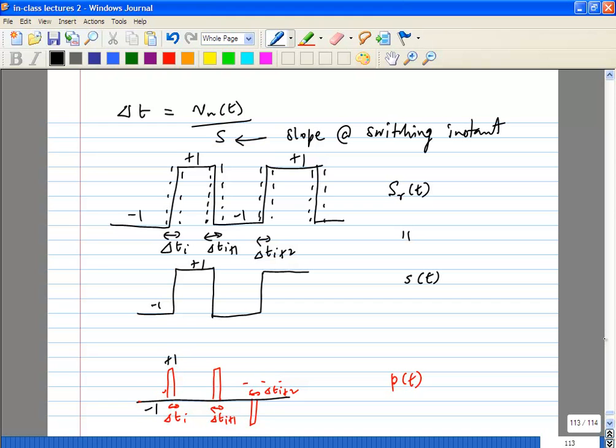If the input has a frequency, at every 0 crossing you are going to get a noise pulse.